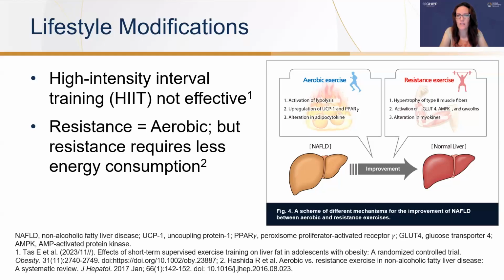The point here is that the idea that doing nothing but HIIT is going to solve everything isn't right. The big thing is you want moderate intensity aerobic exercise targeting greater than 150 minutes a week, and really consistency is key. So what are patients doing and how could we do more of that?